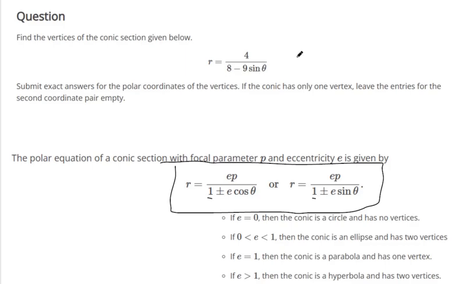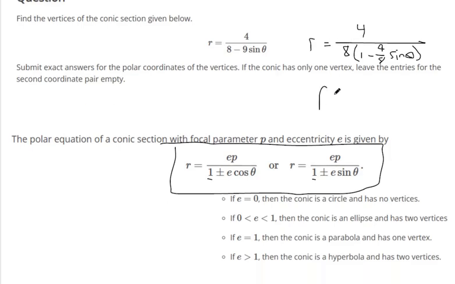We've got to rewrite a little bit by factoring out an 8 from the denominator. It's 4 over 8, and then it's 1 minus, we need 9 over 8 to compensate, so that if we were to distribute that 8, it would turn back into the same thing. Okay, so now this is 4 over 8, so that is 1/2.